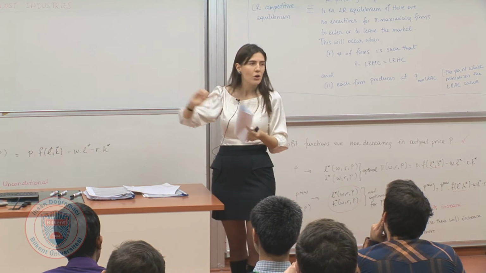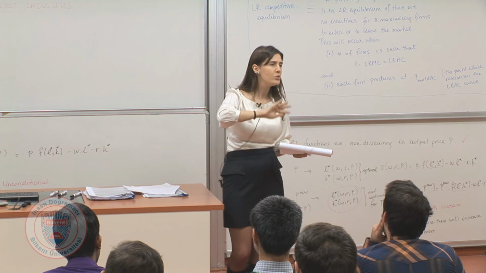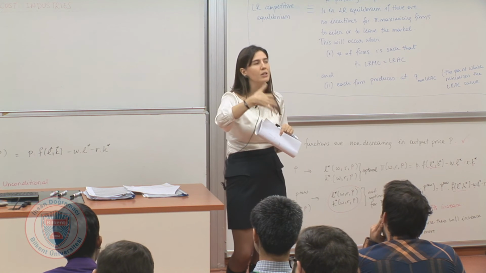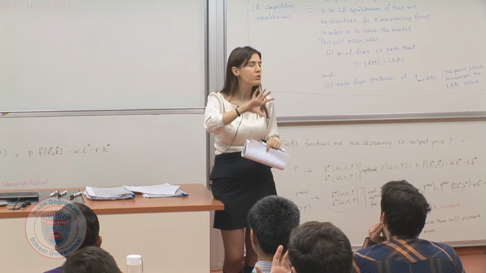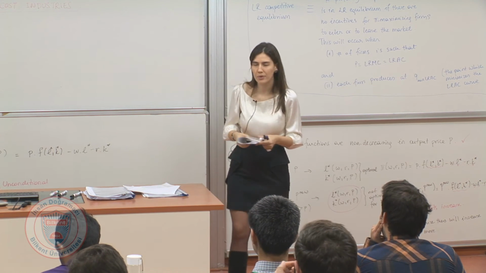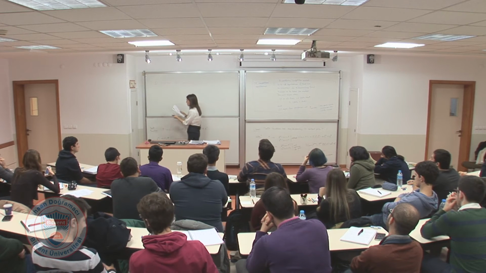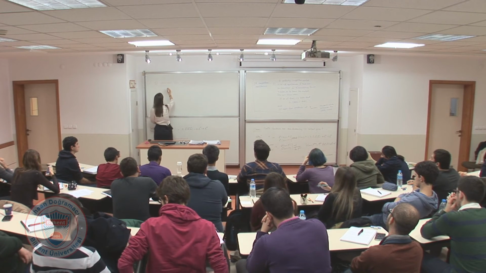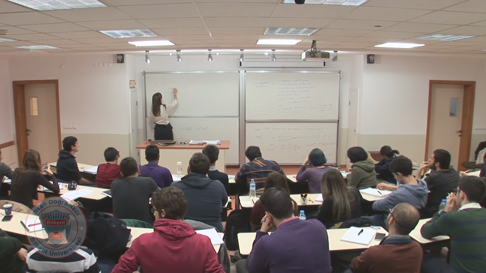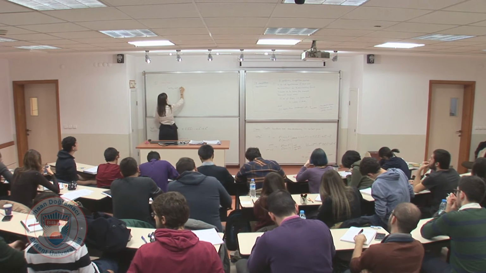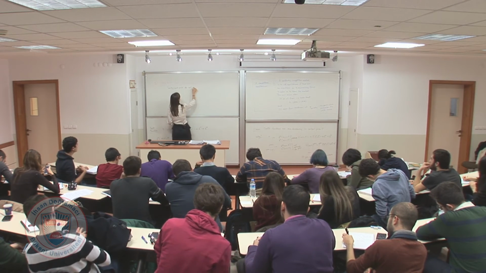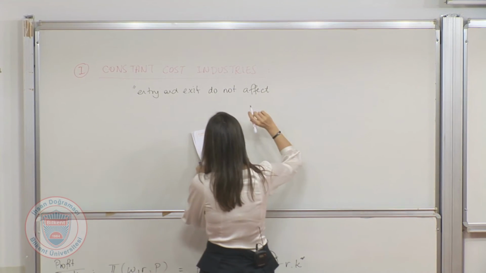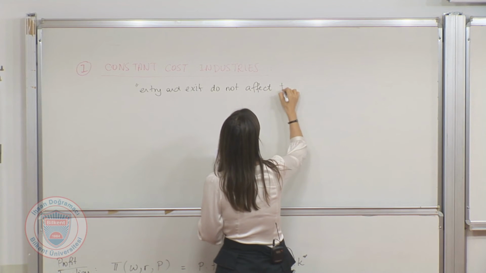So all the cases that we're going to consider would be related to that. The first one is going to be easy. Now we're going to assume when new firms enter or when they exit, nothing changes, okay? So the cost structures are not going to change. So that is the first one. So let me write this. Entry and exit will not affect prices, do not affect the prices of inputs.